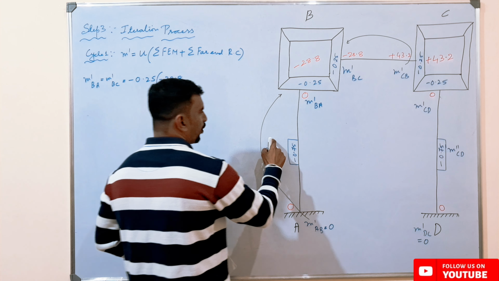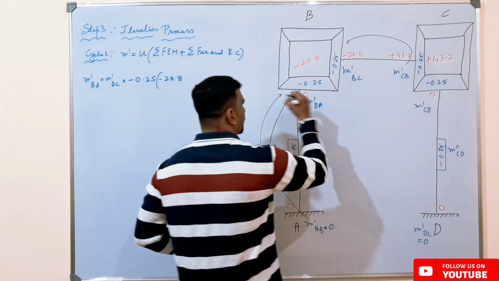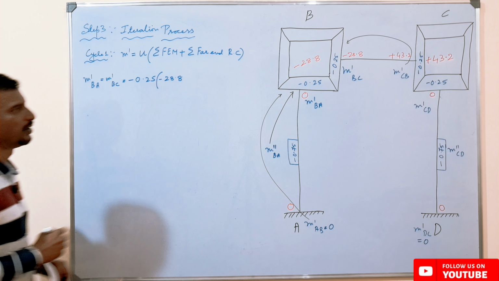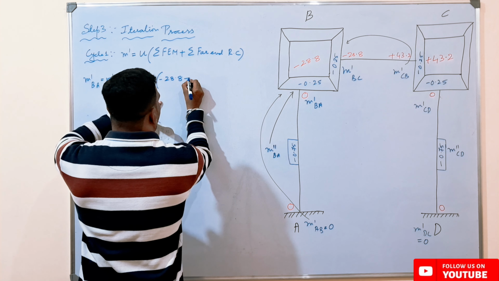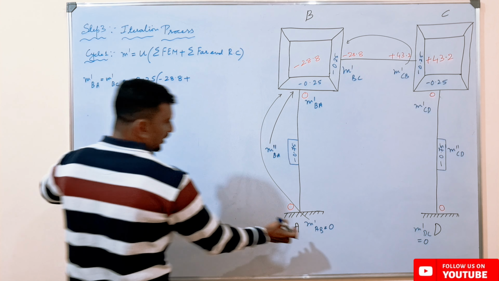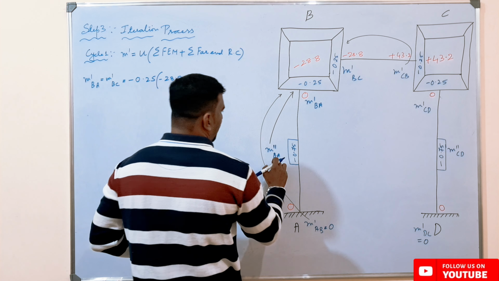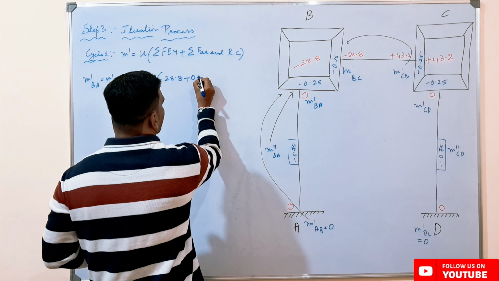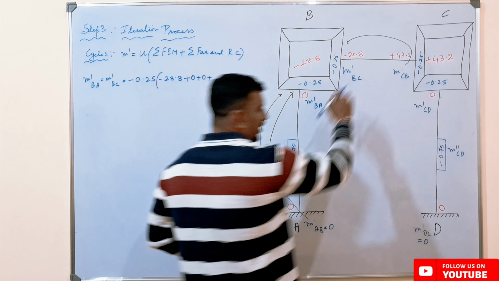Also we have one more, that is M double dash BA, the displacement contribution. So this is also a far end rotation contribution we have to consider while calculating. So we have 3 values over here. Now we take plus the far end rotation contributions, that is M dash AB, we know it is already 0, and M double dash BA we don't know, we need to calculate, plus M dash CB we don't know, we need to calculate.